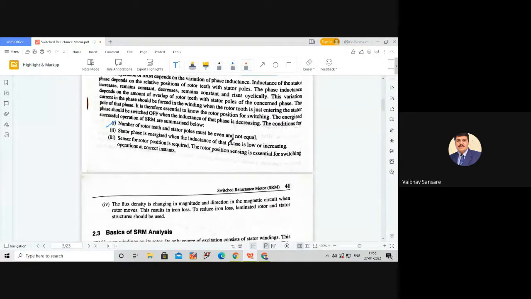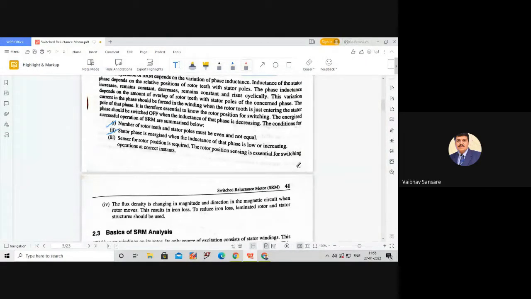And it is general practice to keep the number of stator poles higher compared to rotor teeth. Second, the stator phase is energized when the inductance of that phase is low or increasing. So whenever inductance is low, or increasing, only then do we excite the stator phase.